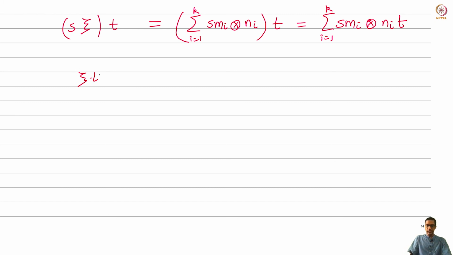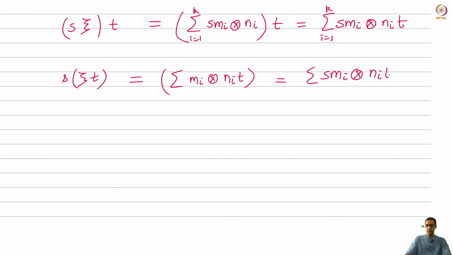So if you did it in the other order, you will still get the same answer. The first step will give you nit, the second step will give you Smi, but the final answer is the same. So therefore this is the third and important axiom, which says that it's in fact a bimodule. Okay, good. So that proves this proposition.